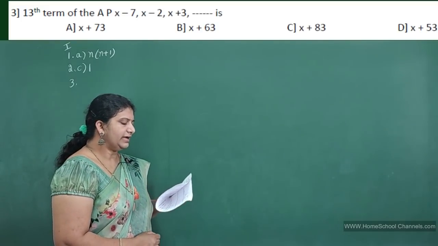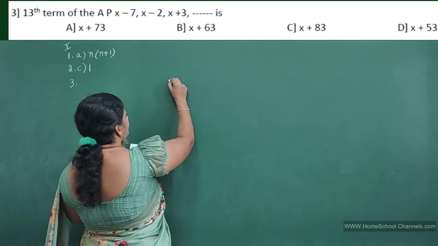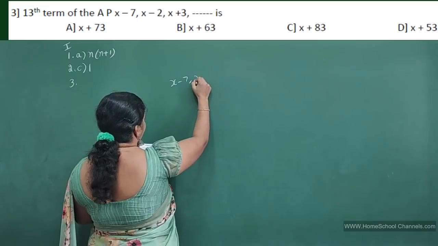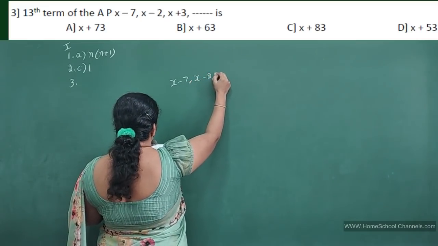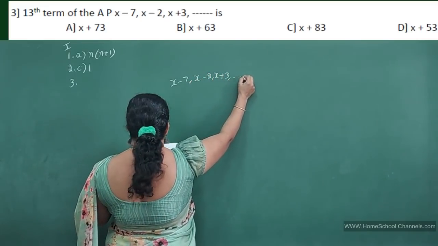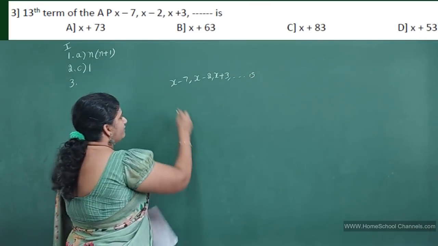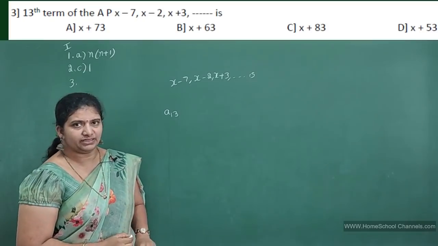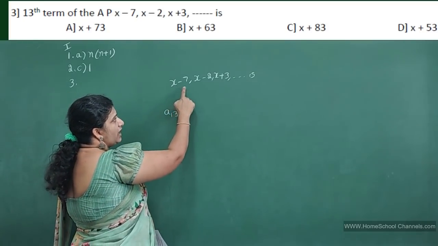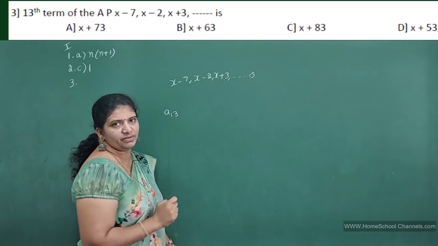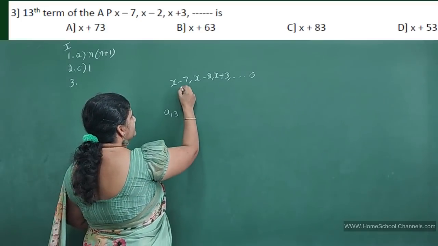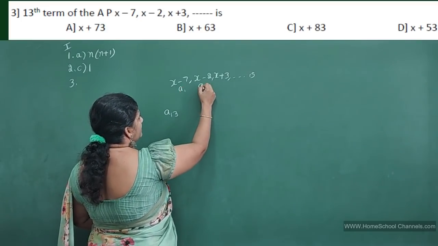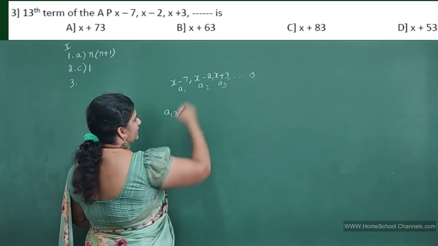Third one: 13th term of the AP x minus 7, x minus 2, x plus 3, and so on. We need to calculate 13th term, that means A13. Observe, these are in arithmetic progression, so I can say first term, second term, third term.